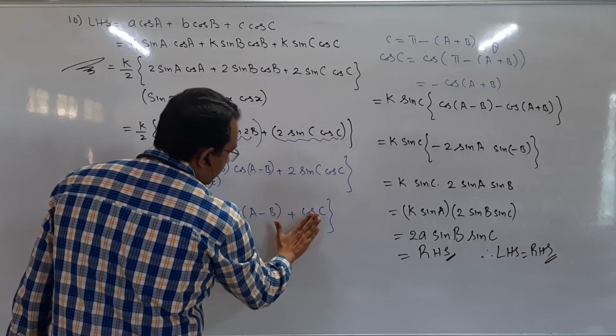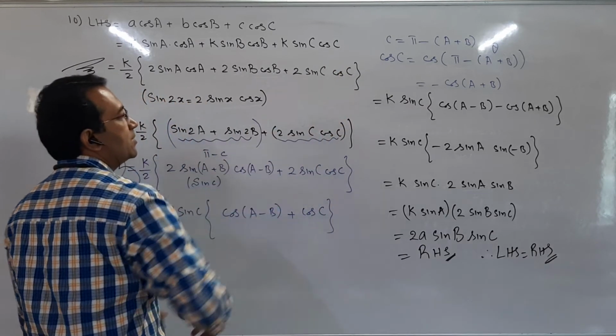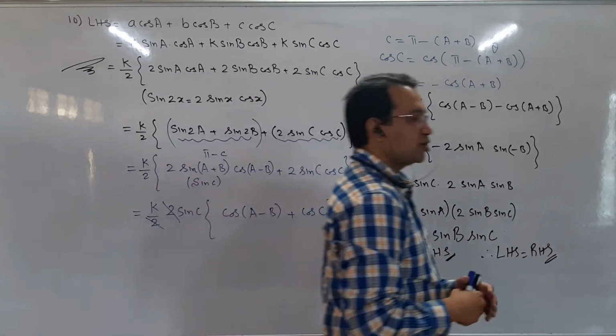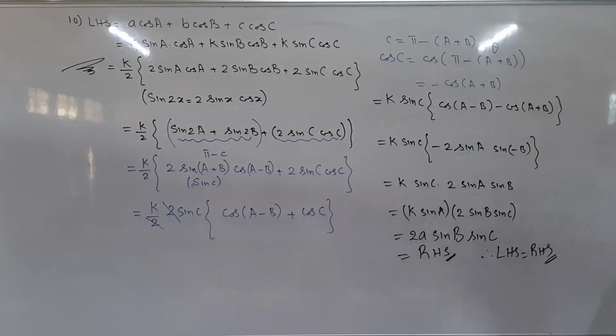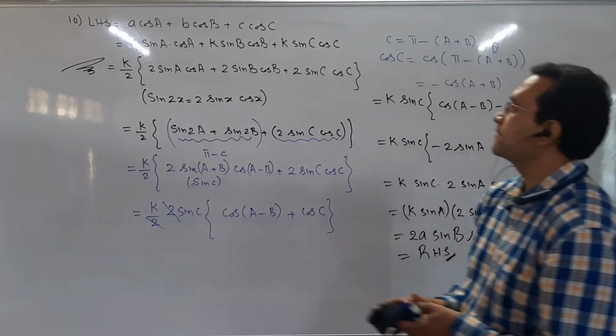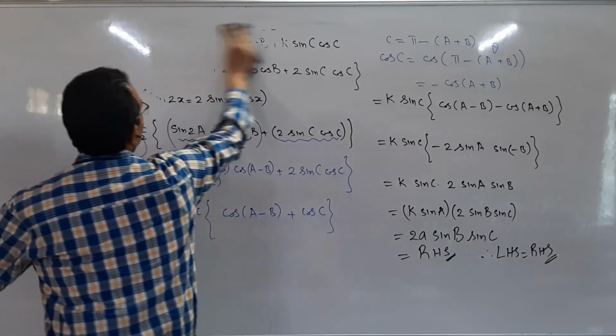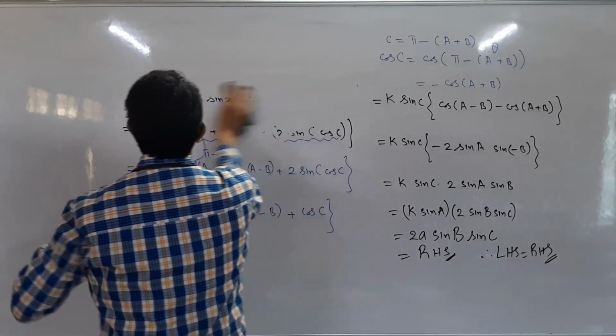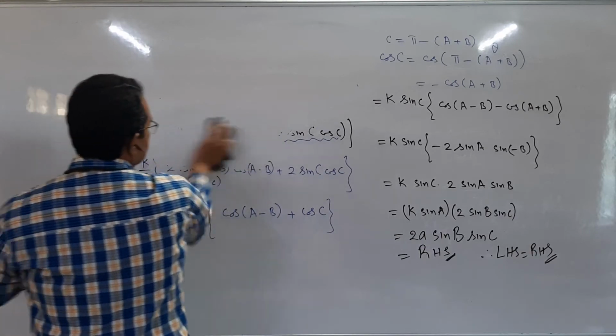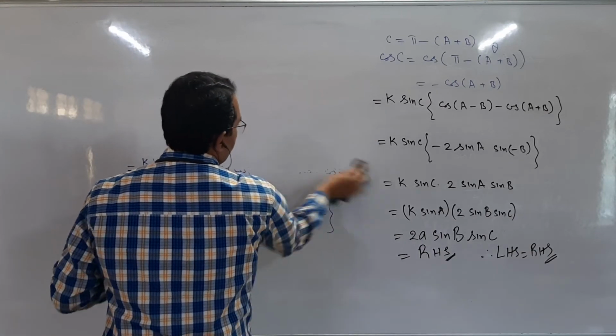And third, replacing cos C by minus cos of (A plus B). Okay, students, let us do sum number 11. Now, let us do, students, sum number 11.